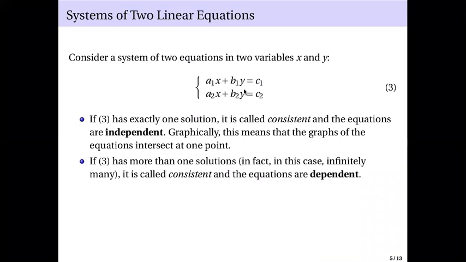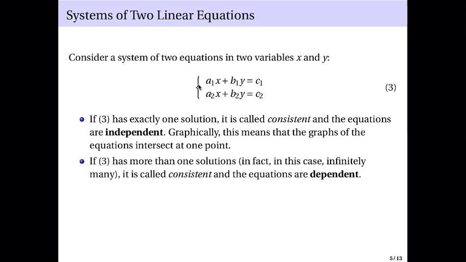Now, if this system has more than one solution, in fact, then it will have infinitely many solutions. If you found two solutions for this system, you can actually get infinitely many of them.